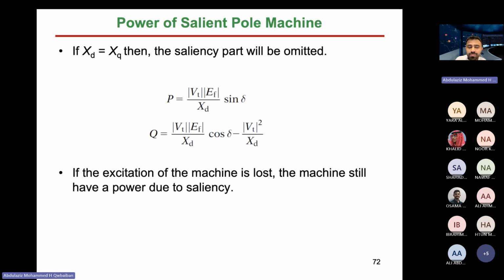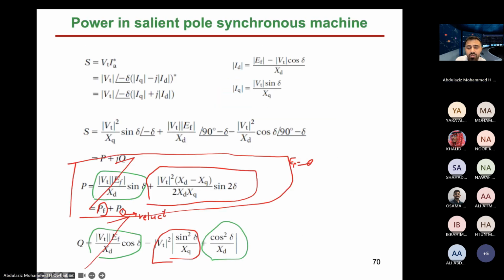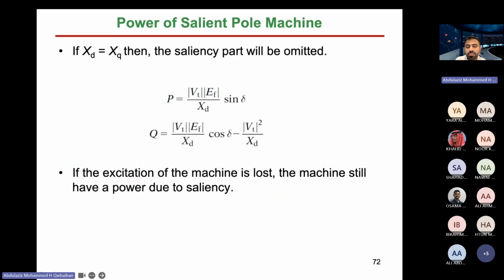So now what will happen? If the machine lost excitation here, we will still have some real power. I would say maybe it's better to move this part here, to avoid confusion. Okay?